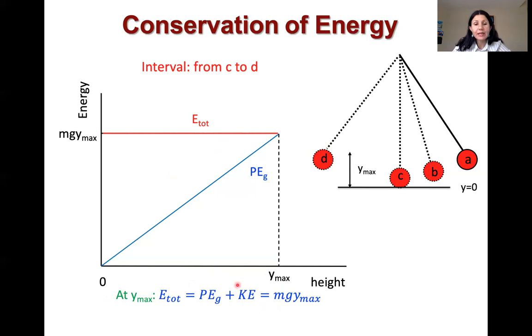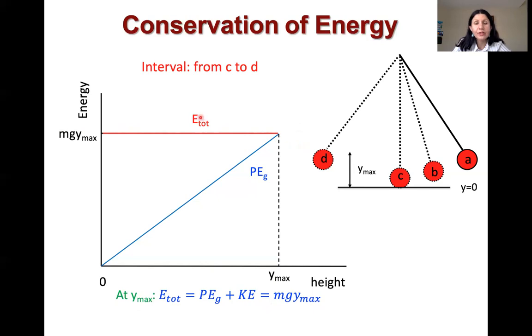If at this maximum position the kinetic energy is 0, the total energy is just going to equal mg times y max, the maximum potential energy. That's the first point that we know, but once we know that point, we know it everywhere. So we can draw this straight horizontal line, which exactly tells us that total energy is constant.